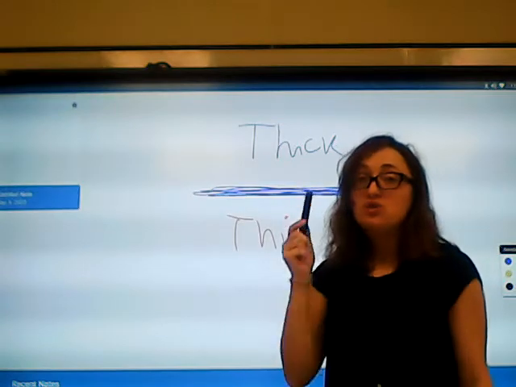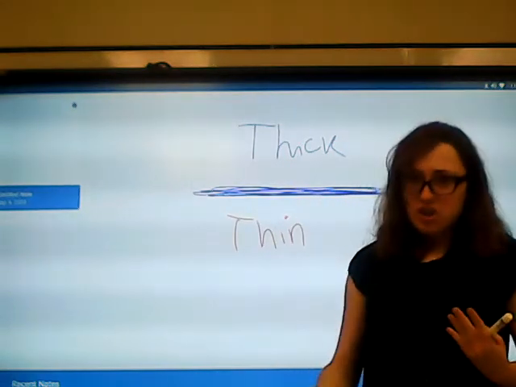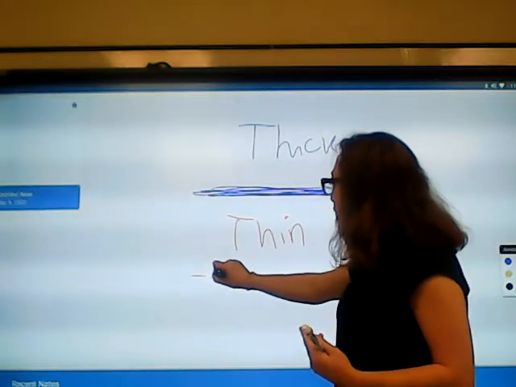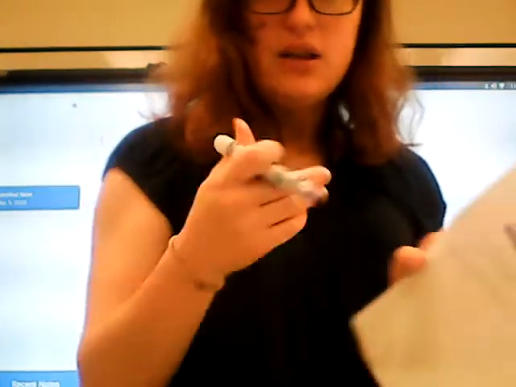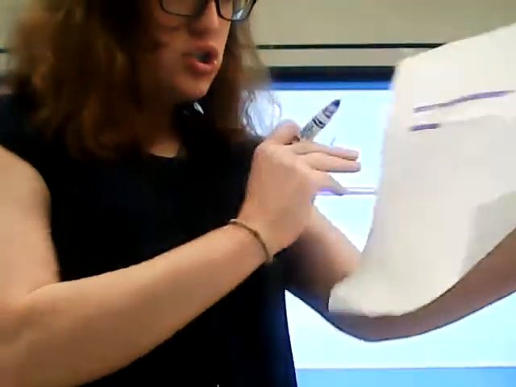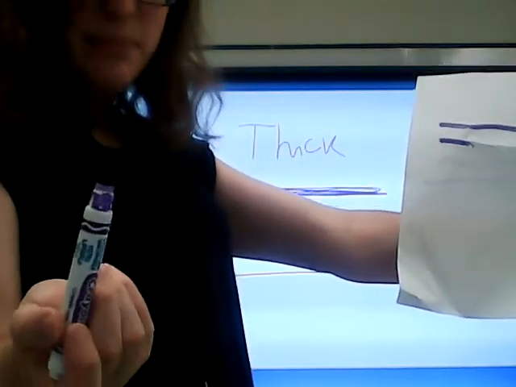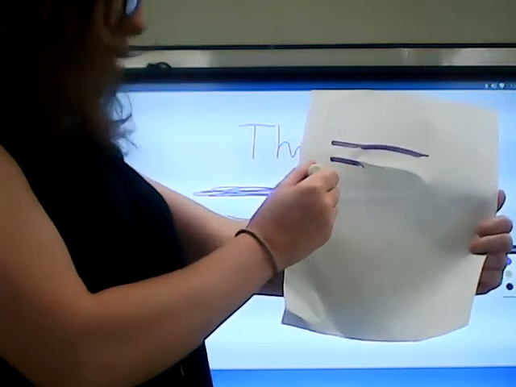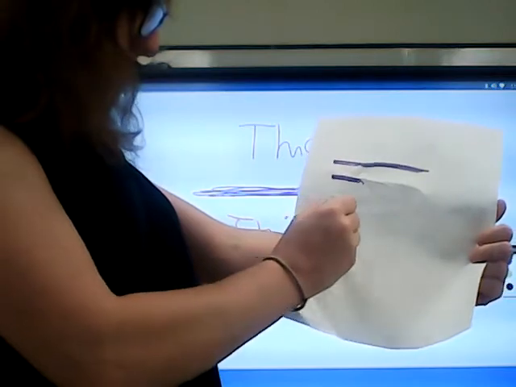So you want to use the very tip of your pencil or whatever you're using to drag across and create a thin line. Now, I personally prefer making these with utensils like markers, because I can just take the very pointed tip of my marker and drag it across, making a very thin line. Just like that.